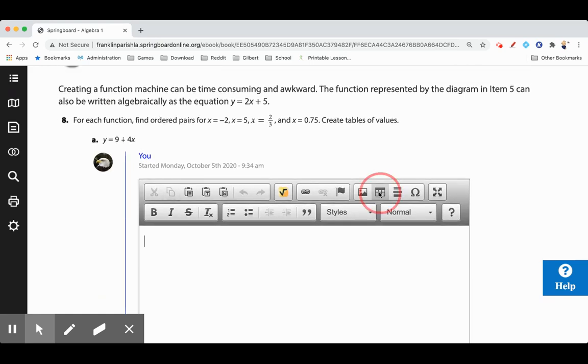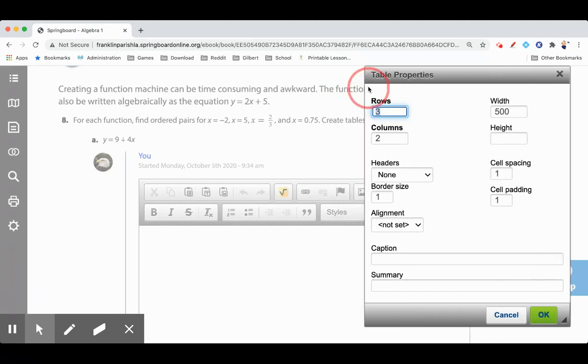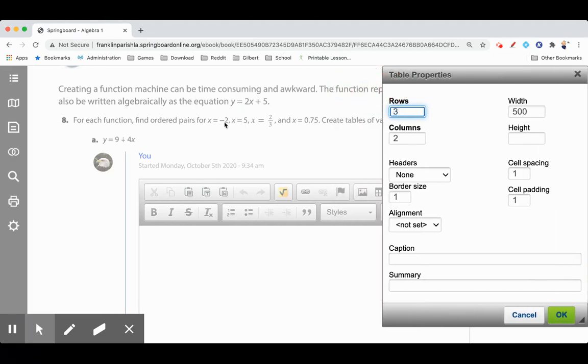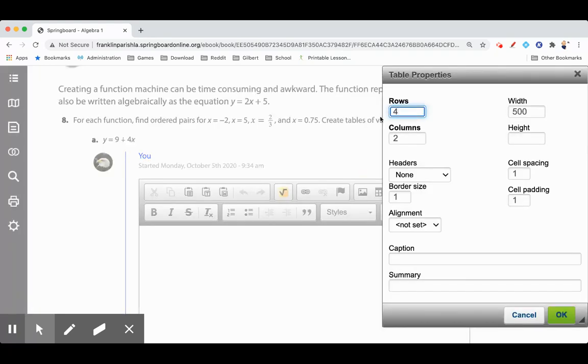Okay, so we're going to need a table. Let's see, we're going to have 1, 2, 3, 4. So let's make 5 rows because we want to label the first one. There we go, 5, and how many?